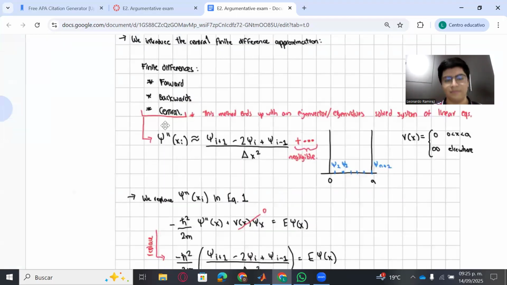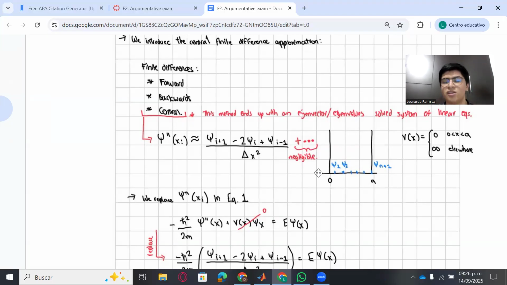So we have this equivalence that was given to us during lectures, which is the approximation of the second partial derivative of the wave function. It's important to note that this is the main part of this formula, but we have some other values that will be negligible due to how small they are or how close they are to zero.